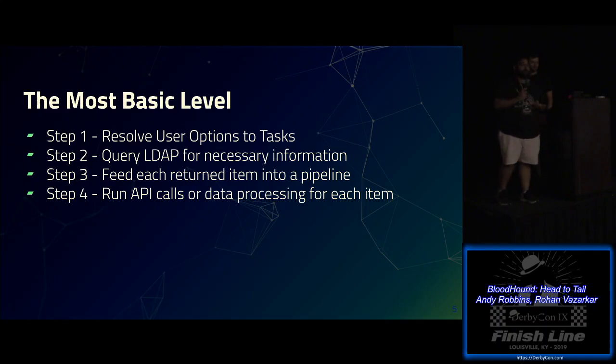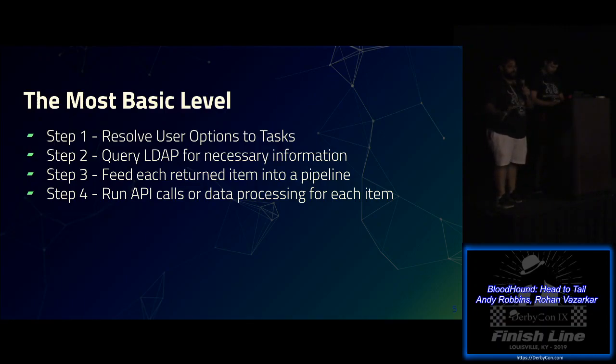All right, so SharpHound, how does it work? Poorly most of the time, but it's getting better as time goes, like a fine wine. So at the most basic level, this is our workflow with SharpHound. You give SharpHound a list of options that you want to enumerate, and we basically turn those into tasks.